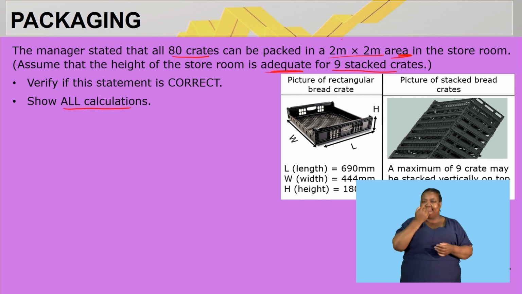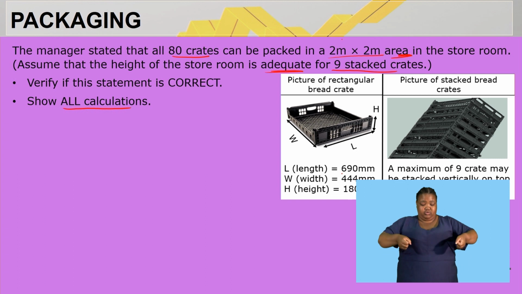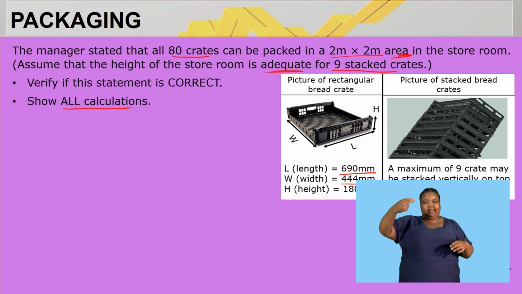Then I look at what is presented here. I see the length of the crate is 690 millimeters, and the width is 444 millimeters. Now remember, I'm not going to consider this height. Why? Because we have to assume that the height of the storeroom is adequate for 9 stacked crates.